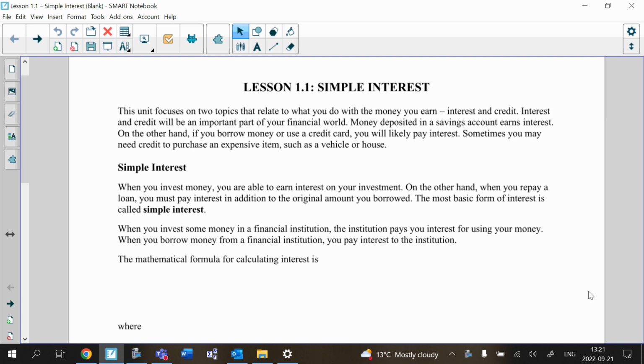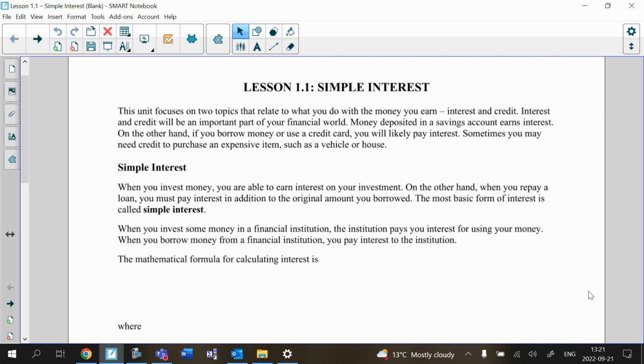So when we invest money into some bank or some other financial institution, we earn interest. That means, in other words, the bank or the financial institution is paying us money in order to store our money with them.